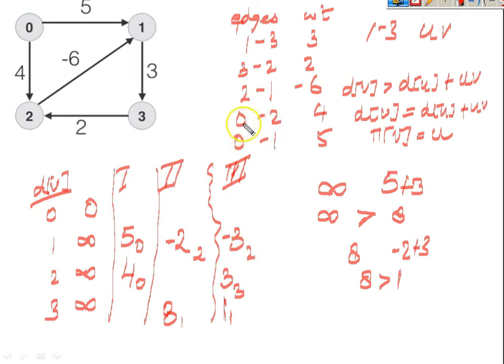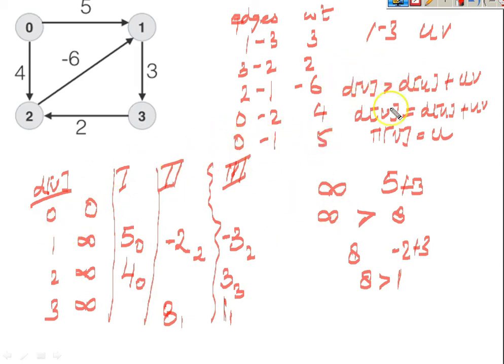Now 0 to 2, 0 is 0, 0 plus 4 is 4, and 2 is 3. So I am not going to change the value because 4 is not less than 3. Now 0 to 1, 0 here is 0 and the distance is 5.